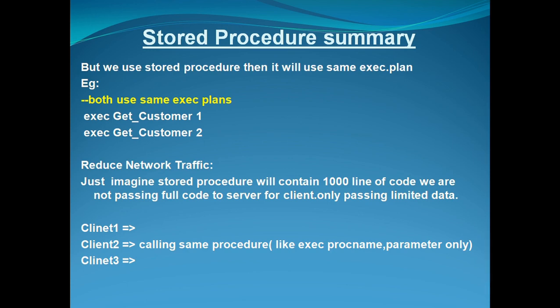But in this case, we are just passing the stored procedure name and the parameter only. Just imagine we have a web application and more than 100 clients. We are not passing all the queries; we are just passing the stored procedure name and parameter. That will help to reduce the network traffic.